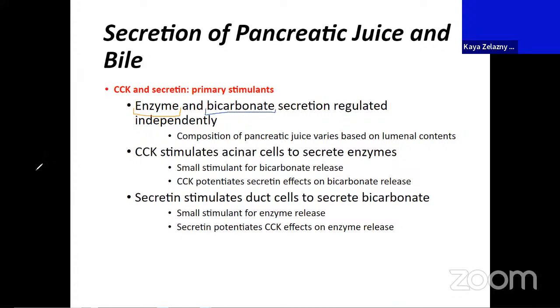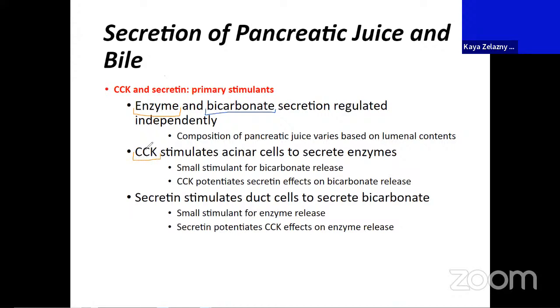And we're going to be linking those up with two stimulants, two signaling molecules involved here. One is CCK and the other is just called secretin. So they named that one at least pretty easily. What the CCK does is it's a signal for the acinar cells to make more enzymes. So we're going to link those two things together.